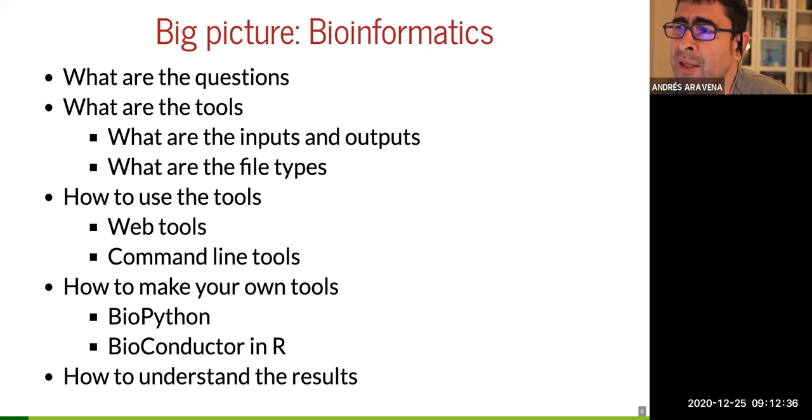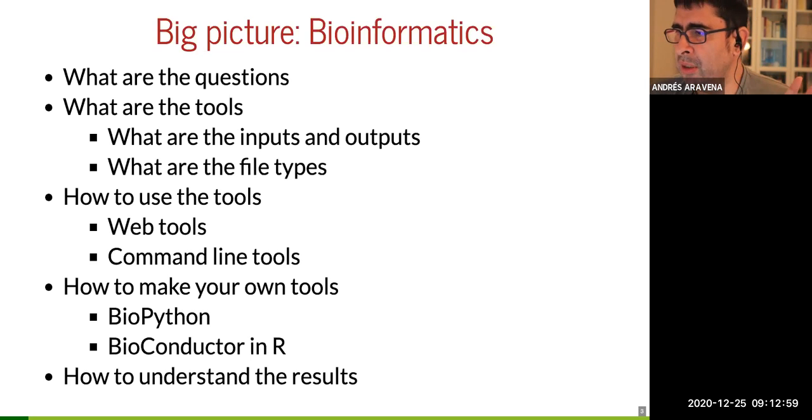BioPython can read and write them, and it is useful. If we had time, I would love to work on that, but we need time. And there is another tool that we could also teach if we had more time. It's called Bioconductor, which is a set of libraries for R that do the same thing.